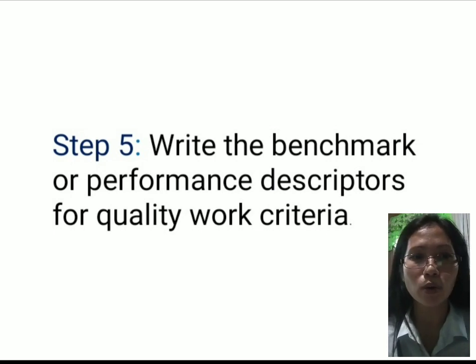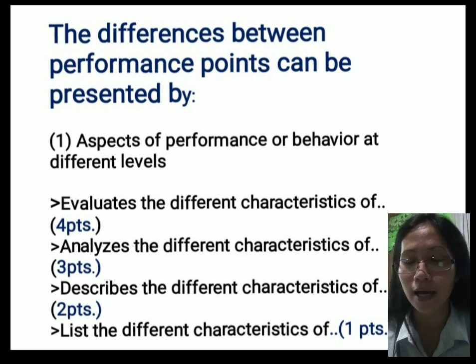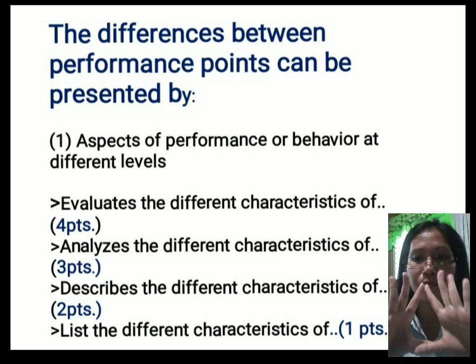Number one, aspect of performance or behavior at different levels. For example, evaluates the different characteristics of, like for example, a dance, 4 points. Two, analyzes the different characteristics of the performance, 3 points. Then describes the different characteristics, 2 points. And the last one, lists the different characteristics, 1 point. A total of 10 points.